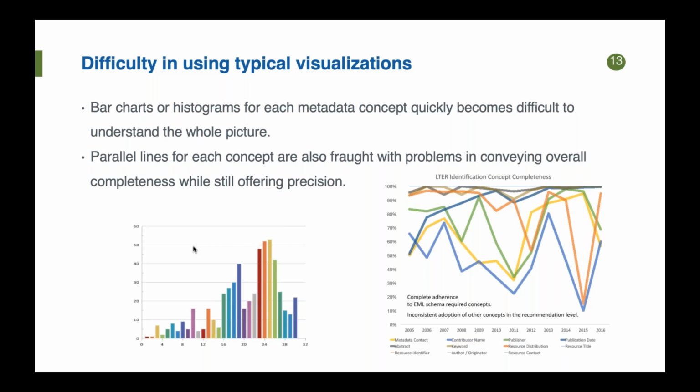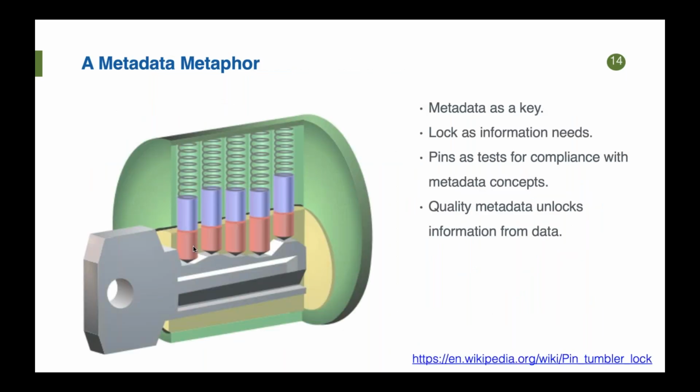So the visualization that we're going to create today looks at a metadata record as a key, and the lock as the information needs. So in a lock, you have a bunch of pins that correspond to the tines on a key. And if you can push all of those pins with your key, then you unlock the information from that data.